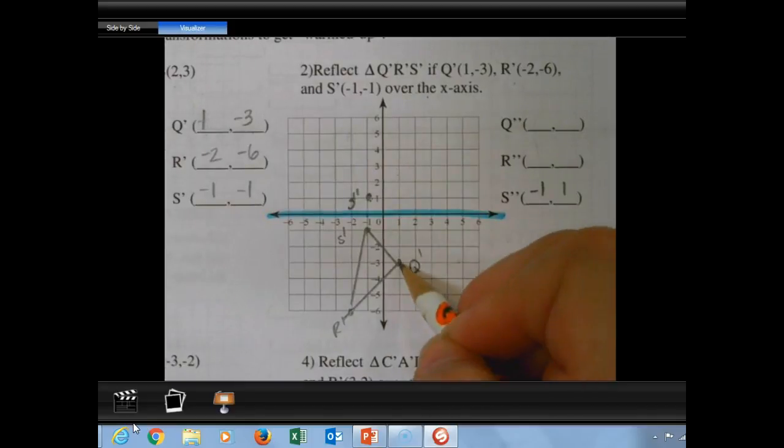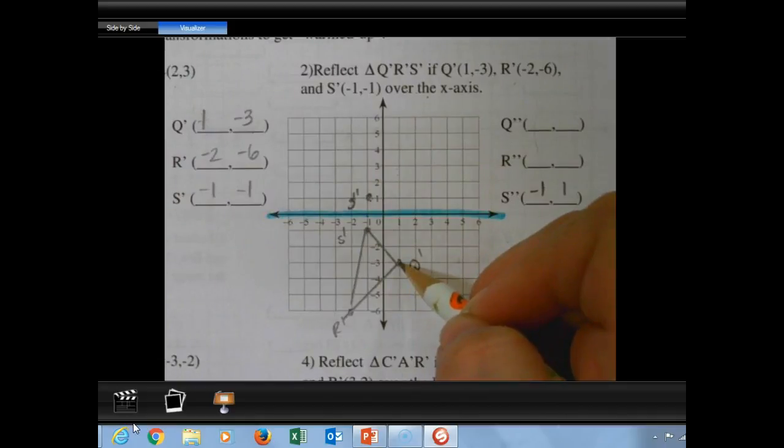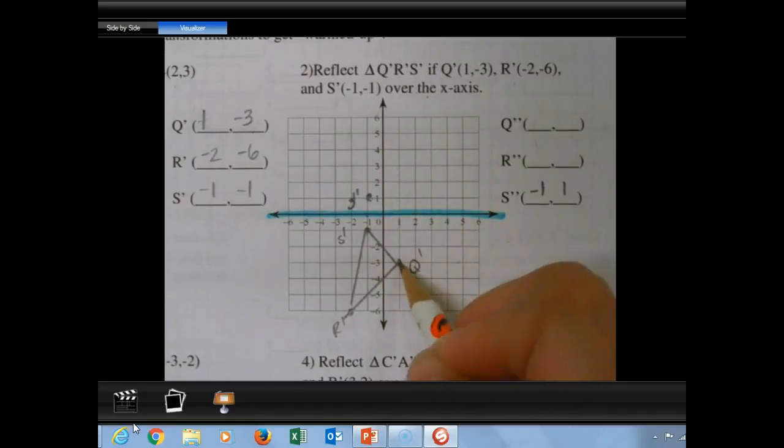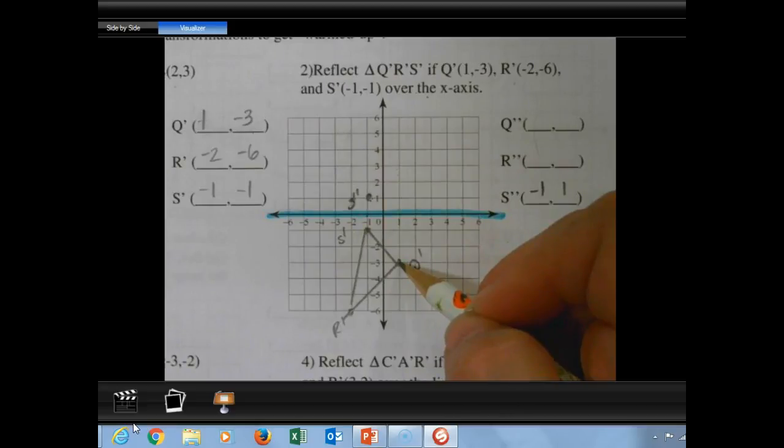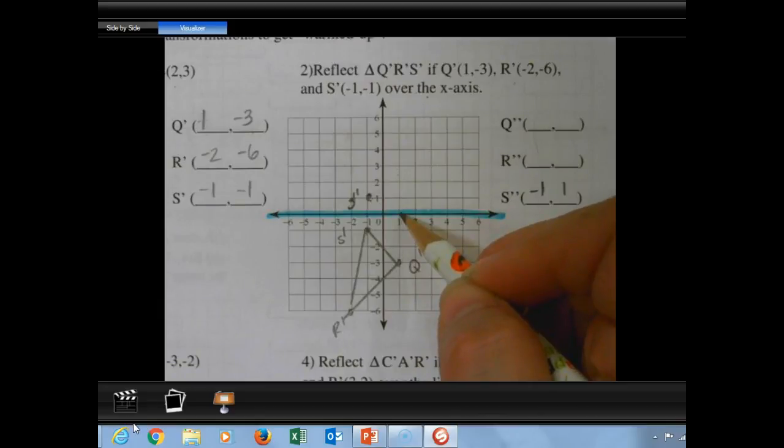How about Q? Nate, help me out here. Reflecting Q. What do I got to do? Somebody help out Nate. So? Go up to 6? What would be a better instruction?